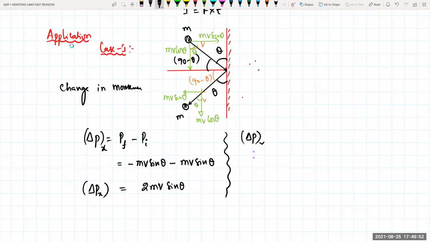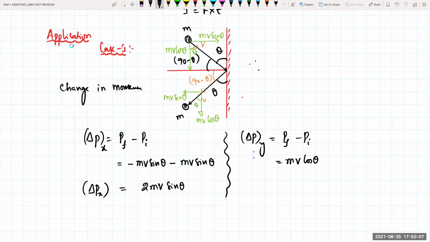Now what is the momentum along the y-axis? Change in momentum along the y-axis is equal to p final minus p initial. What is p final here? mv cos theta in the downward direction. The other one is also the same, mv cos theta, both in the downward direction.